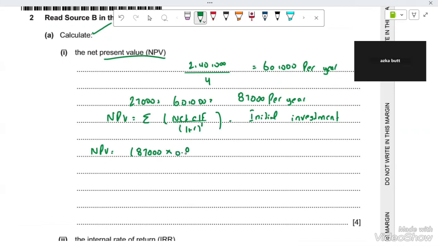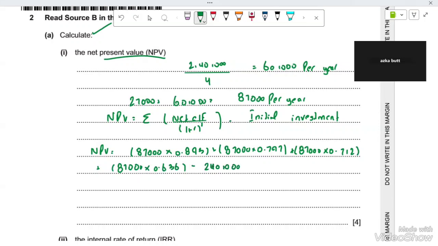You can open the question and see it yourself. Plus second year discount factor, which is 0.797, plus 87,000 multiplied by the third year discount factor, and the fourth year discount factor: 87,000 multiplied by 0.636, minus 240,000, the initial investment.